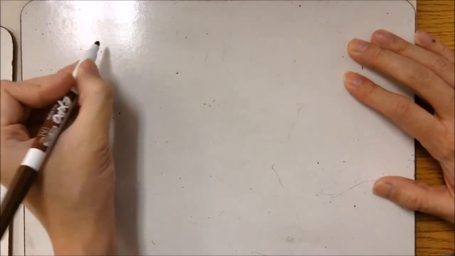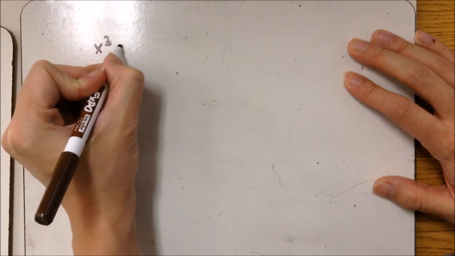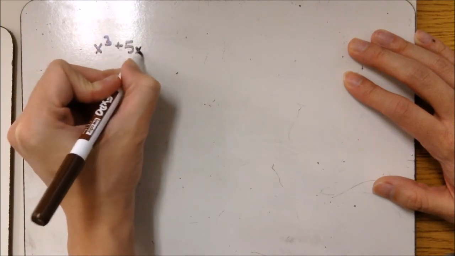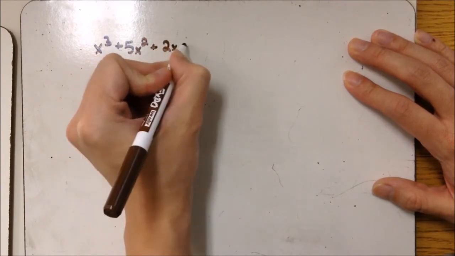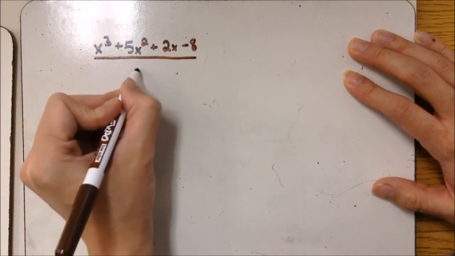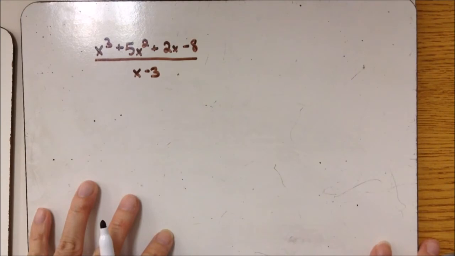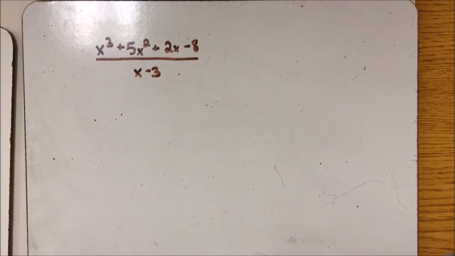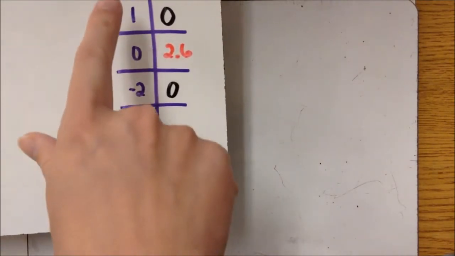Right, so the original function was x to the third plus 5x squared plus 2x minus 8 over x minus 3. So we're going to plug in, say, 2 first, right here.